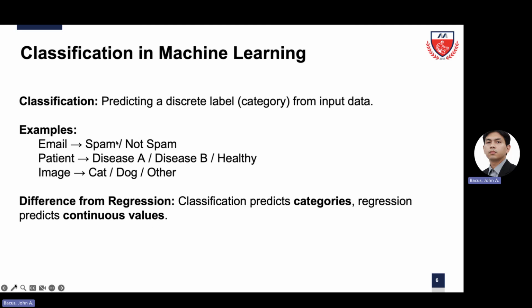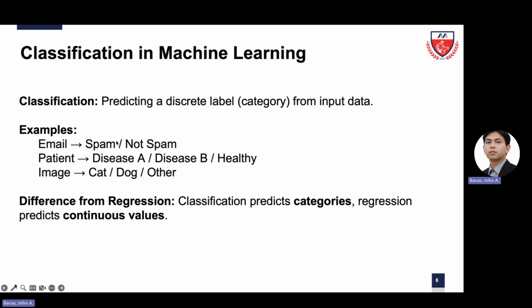Another example: should we classify this email as spam or not? Or for a patient, is this disease A or disease B, or is this patient healthy? Or image classification of cats, dogs, and other animals, we have that as well.